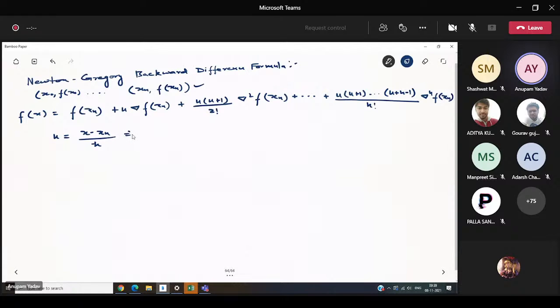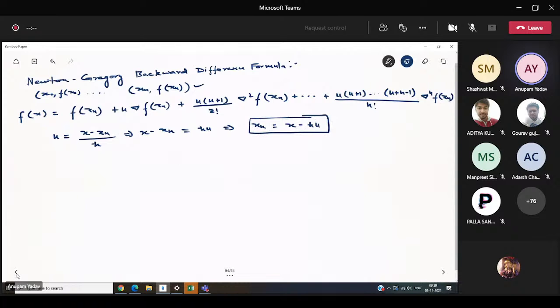Or if we write it another way, x minus xn equals hu. This implies xn equals x minus hu. So this will be the value of xn or the value of u.